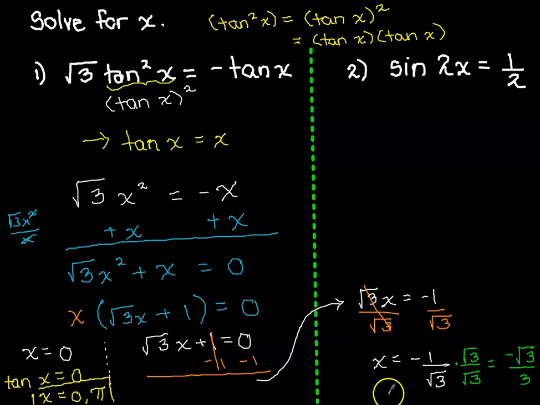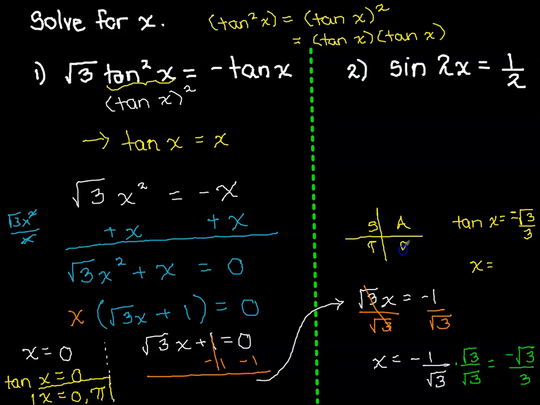Same thing here. Instead of x equals negative square root of 3 over 3, I'm going to write tangent of x equals negative square root of 3 over 3. So again, I'm looking for where tangent equals negative square root of 3 over 3. I'm trying to find the angle. When I can find the angle, those will be my answer. When you look at the unit circle, remember your module 4 tricks.